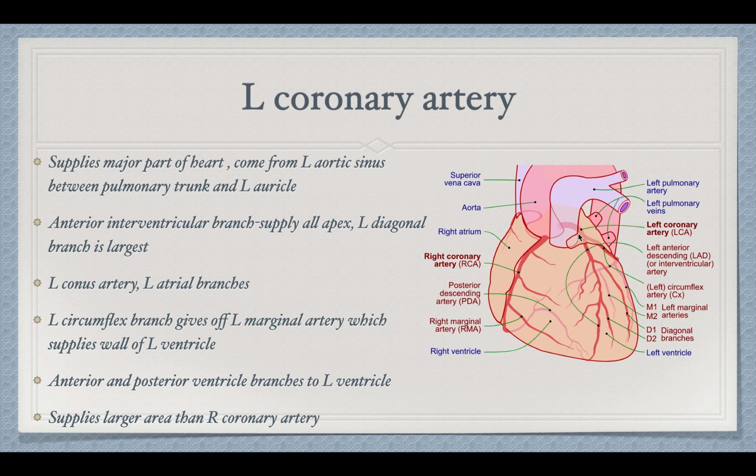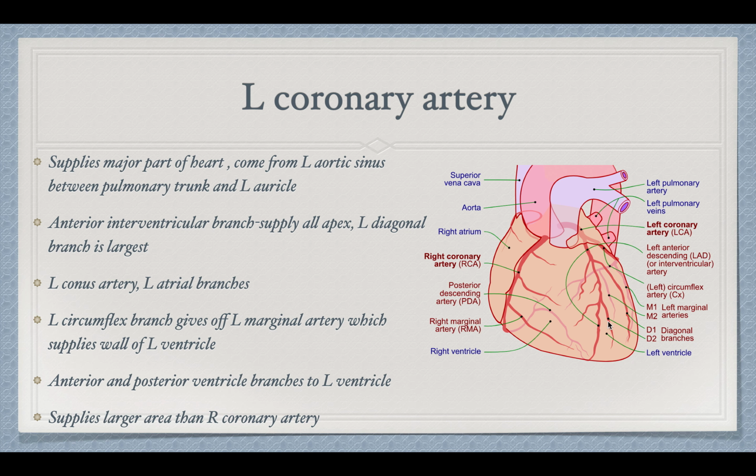So your left coronary artery descends down the ventricles, and it gives off the circumflex, which curves around the back and supplies the left ventricle, and then the anterior and posterior branches of the circumflex branch will supply the left ventricle itself, and the left coronary artery supplies just a larger area than the right coronary artery.